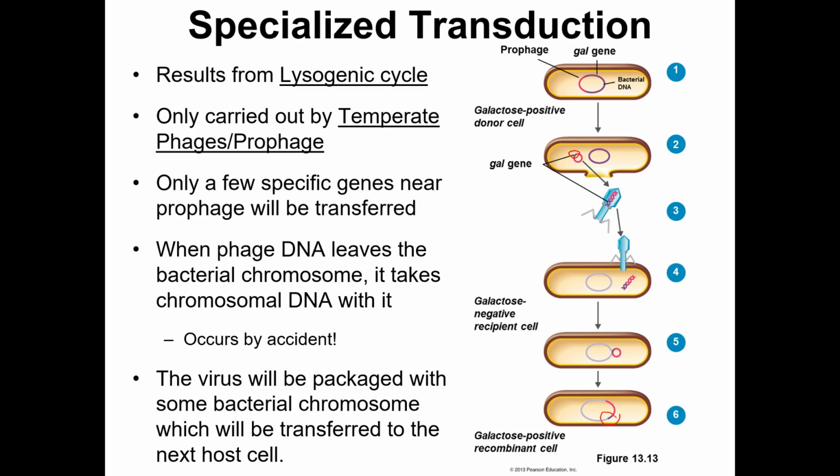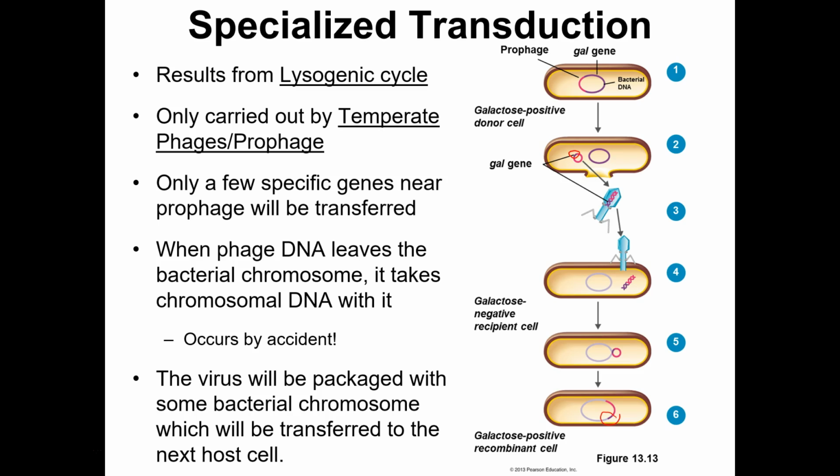This is probably what happened: Shigella had a prophage, the prophage took the Shiga toxin gene when it left, and then it infected E. coli and introduced the Shiga toxin to E. coli. So there is a nice example of specialized transduction that you can relate to. We transferred the Shiga toxin gene from Shigella to E. coli by a prophage.